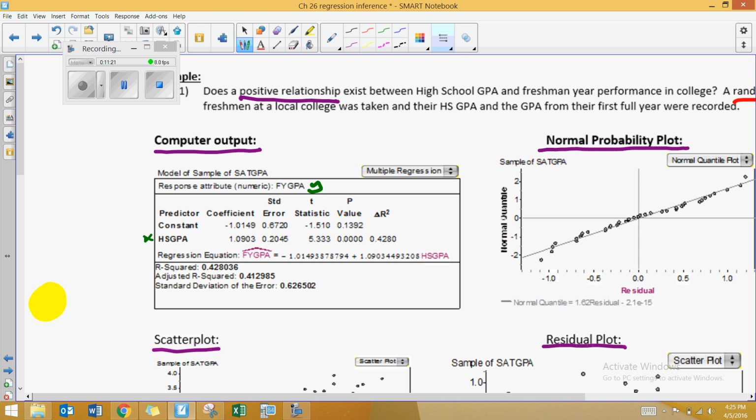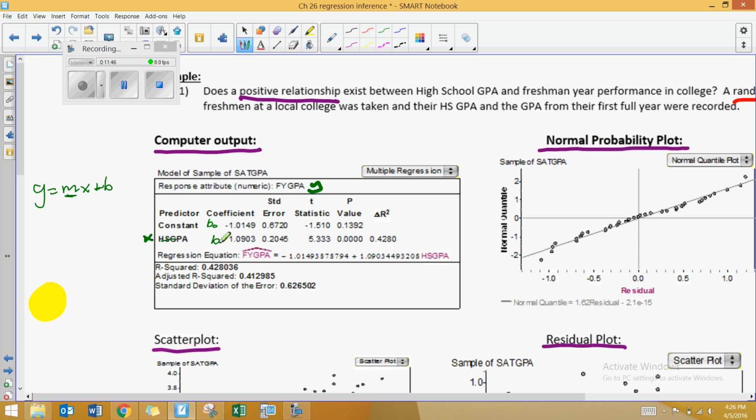So just like before, our constant, that's our y-intercept. Our coefficient in front of x, that number in front of x, if we're thinking back to y equals mx plus b, little algebra review, that coefficient in front of high school GPA, that's our slope.